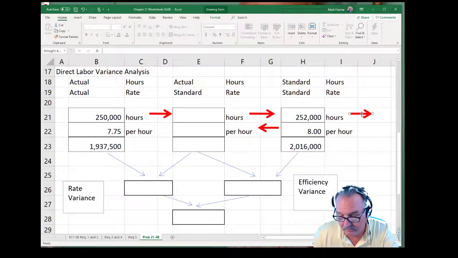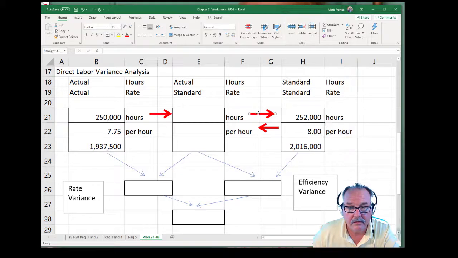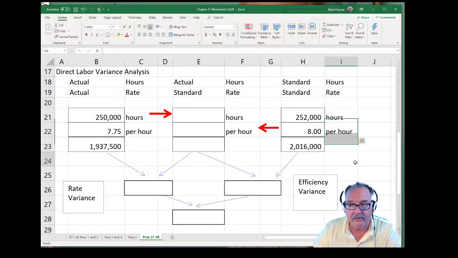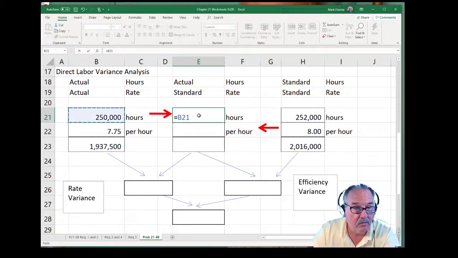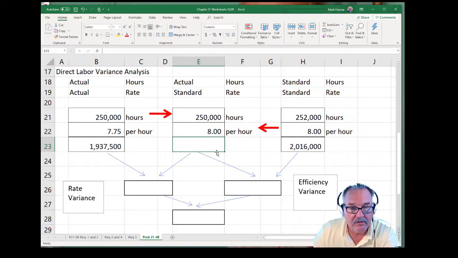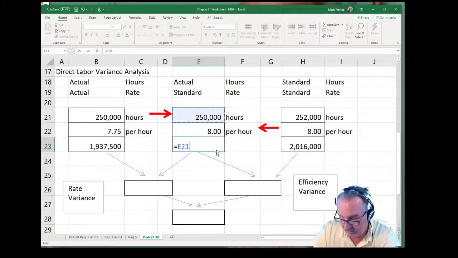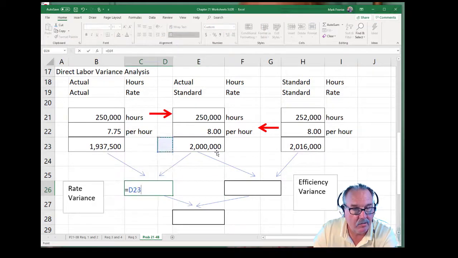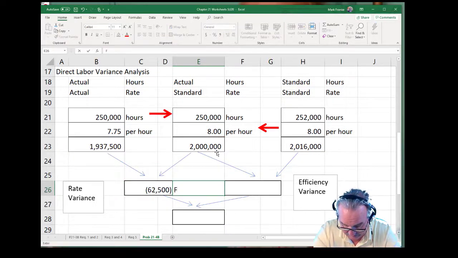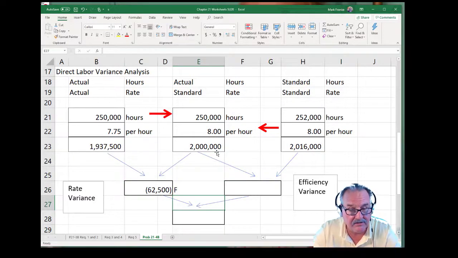Oh, sorry, I unfortunately copied some arrows. Okay. Which means if we bring over what we actually spent in hours times our standard rate, we'll see that we saved money. We have a $62,500 favorable variance.